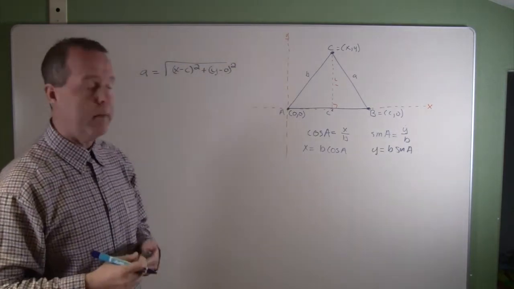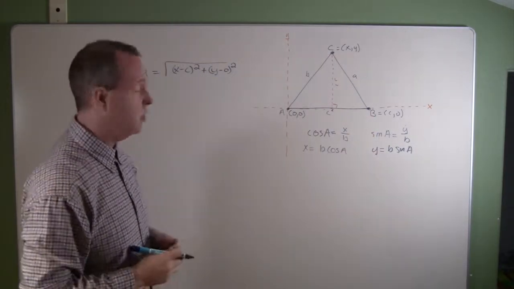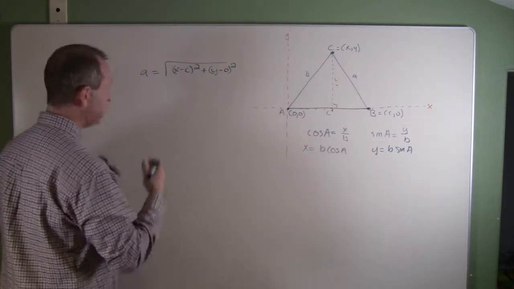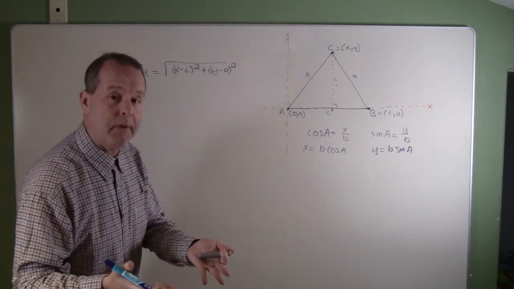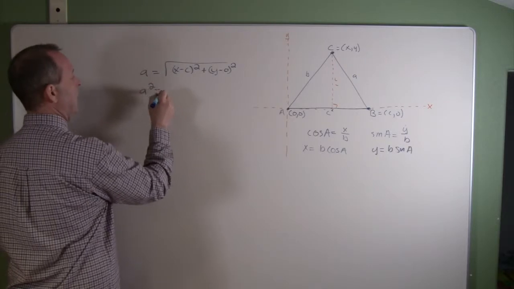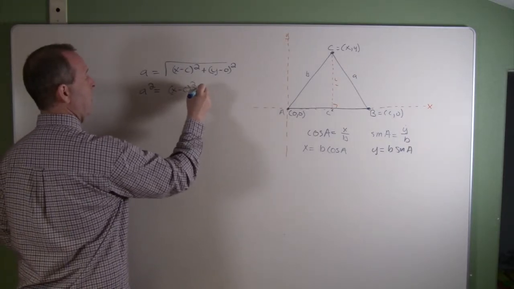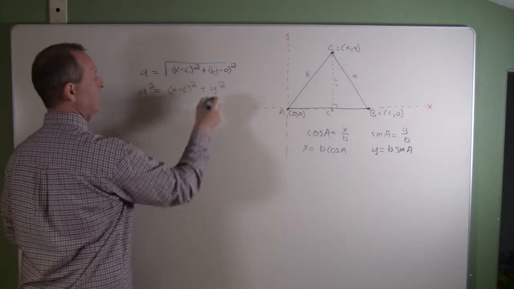So that was our distance formula, the distance between one point and another. Those are the two points that I'm going to use. Let's start to clean this up a little bit and see where it leads. I'm going to square both sides, and that gives me (x minus c) squared plus y squared.